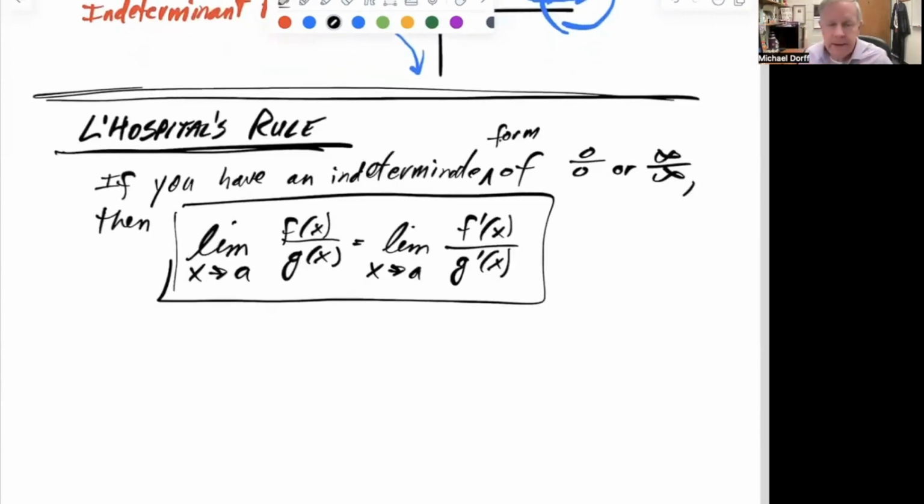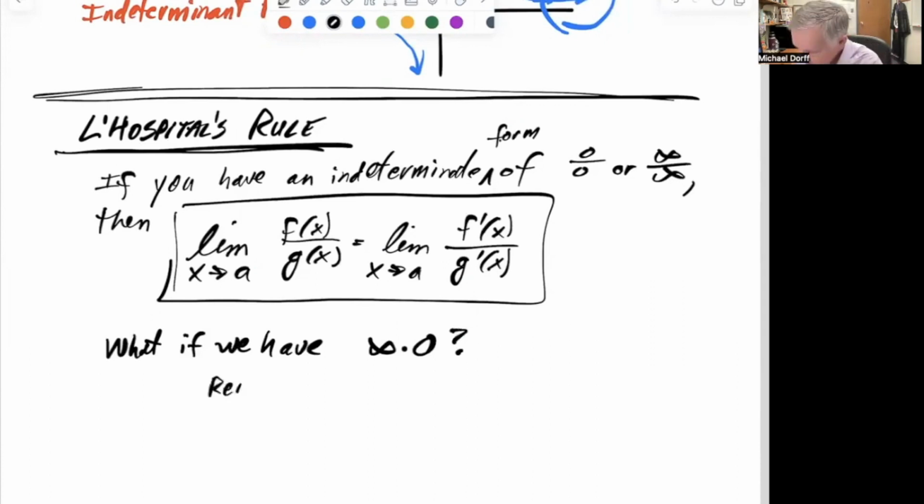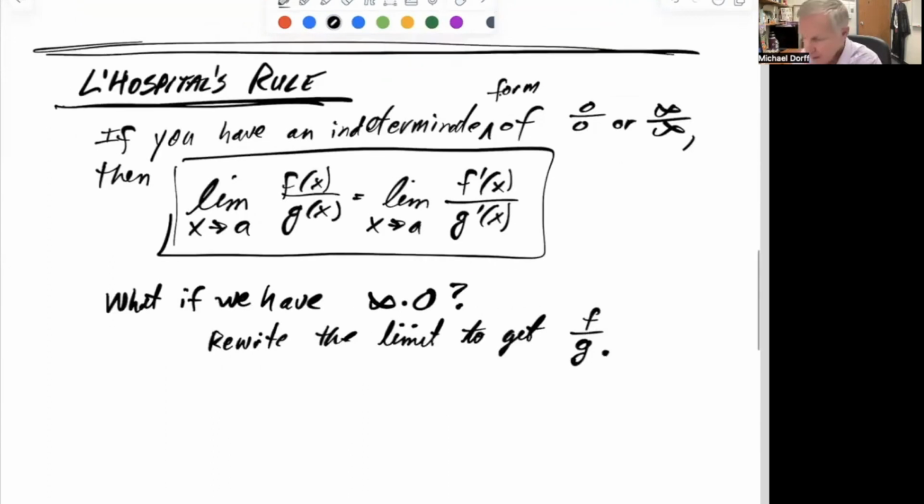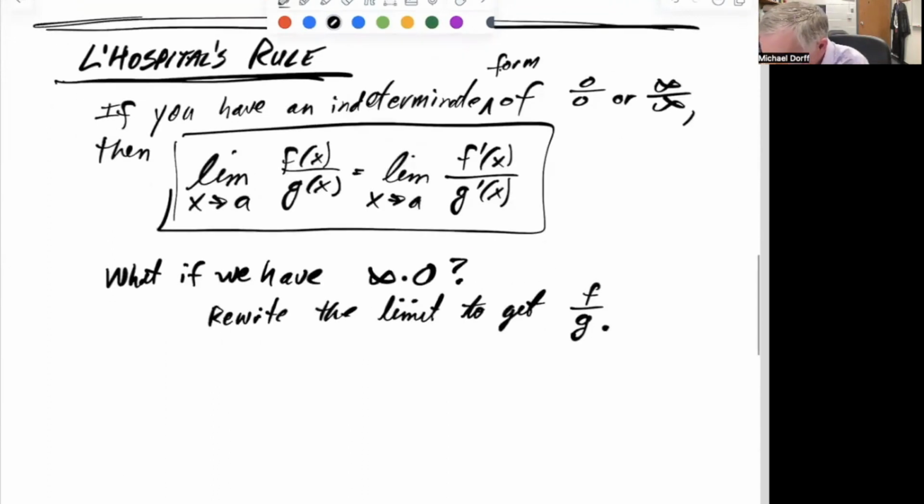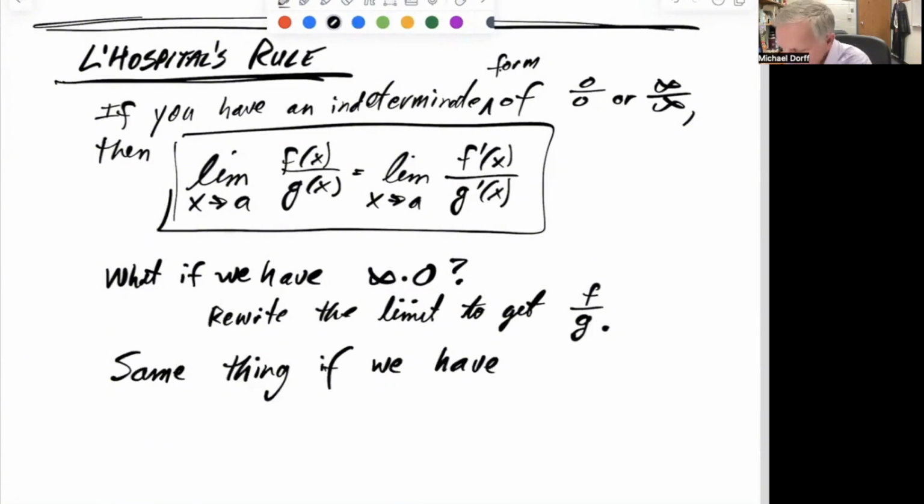What if I have one of these other indeterminate forms? What if we have infinity times 0? What do I do? Well, you're going to rewrite the limit to get something that's going to be like f over g. Or the same thing if I have something like infinity minus infinity, or something to a power.